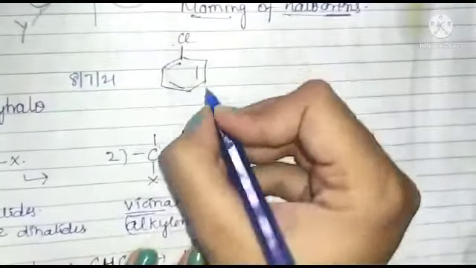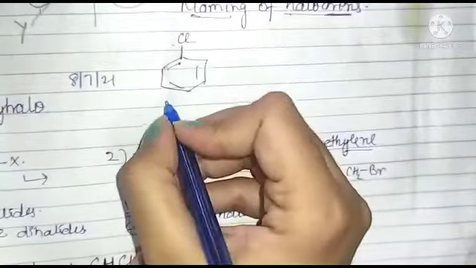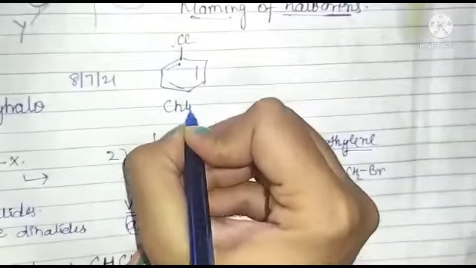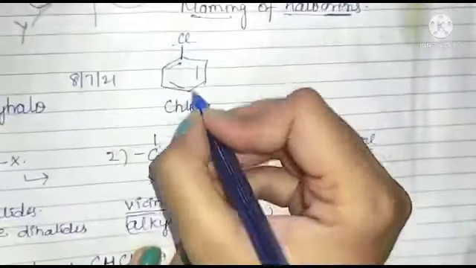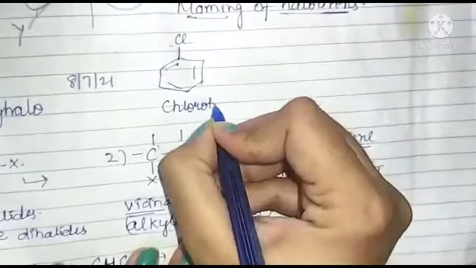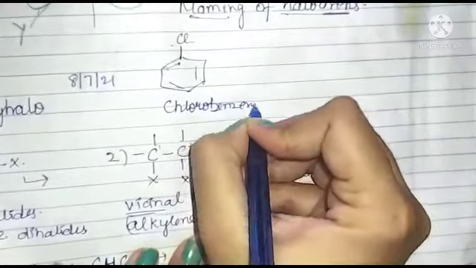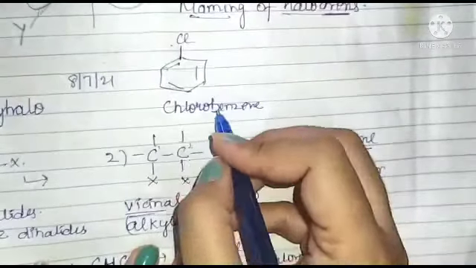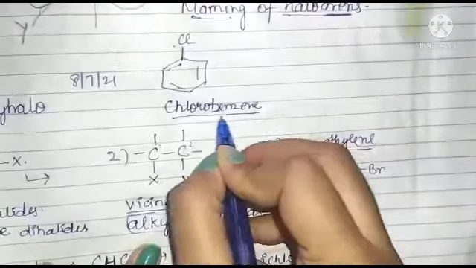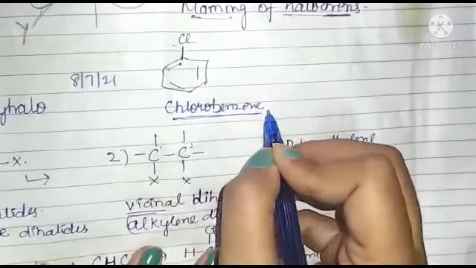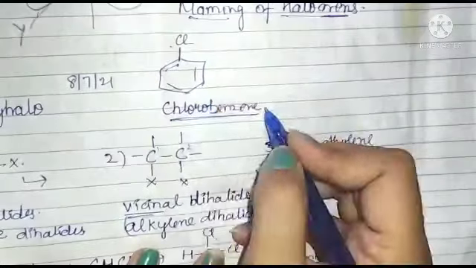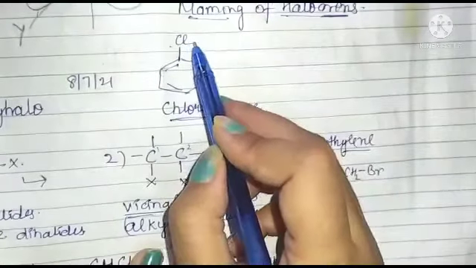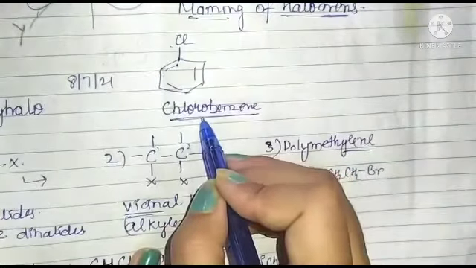Okay, so as I'm taking the example of this, first we have to write chloro. Okay, you know, for chlorine we write chloro. Next, as you know, this is the structure of benzene, so I'm writing here benzene. Okay, as you can see, I'm writing the IUPAC naming, so there is no gap between chloro and benzene. Clear? Similarly, if I'm taking here bromo, that is bromobenzene. If I'm taking here I, which means iodine, I'm writing here iodobenzene.